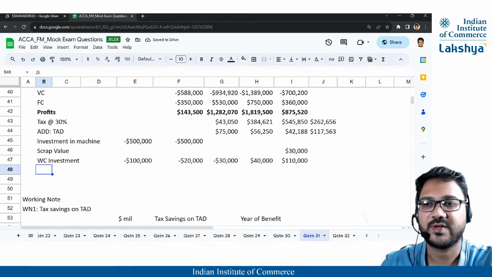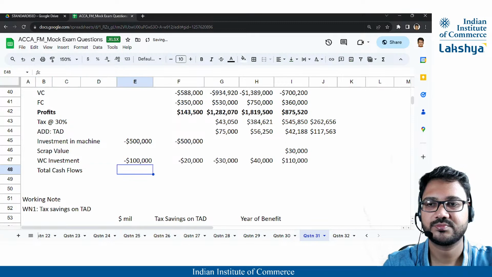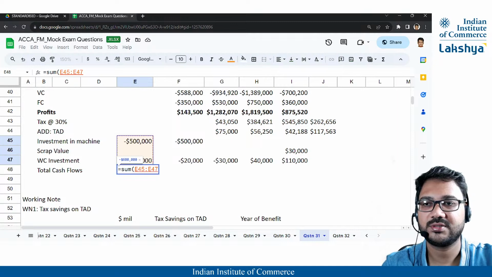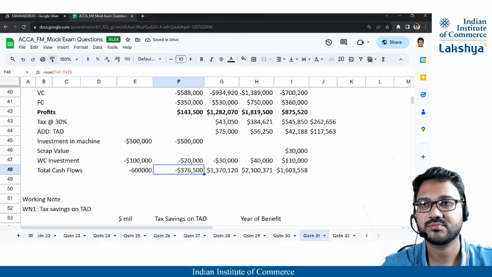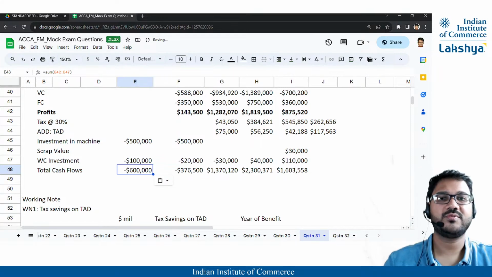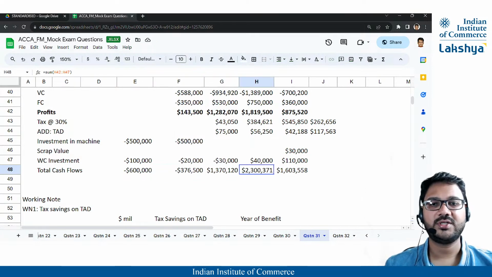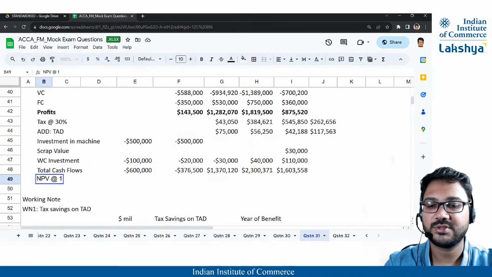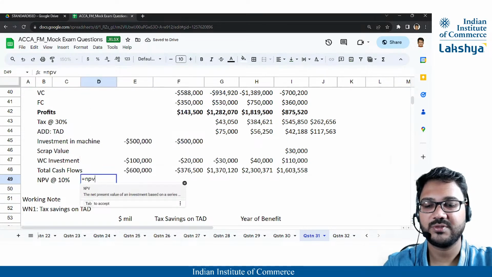Okay, so we can find our total cash flows is equal to sum of this, add tax profits. Okay, so we arrived at all our relevant cash flows, right? And now we just have to do the NPV at 10% discounting. Okay, so is equal to NPV.